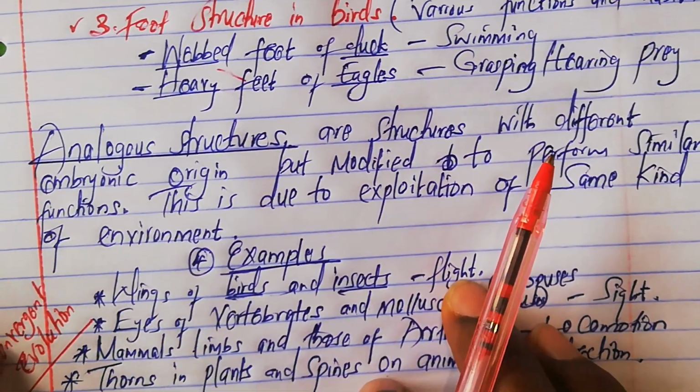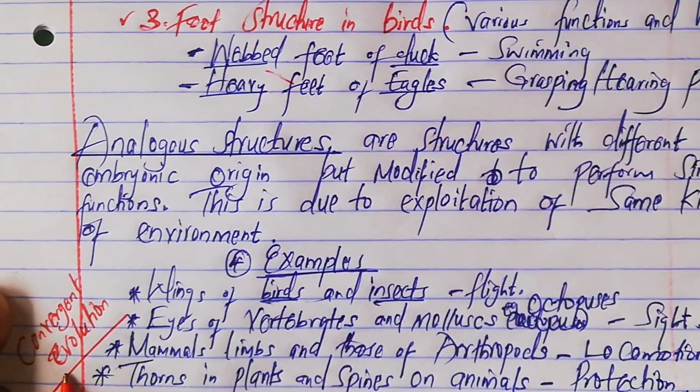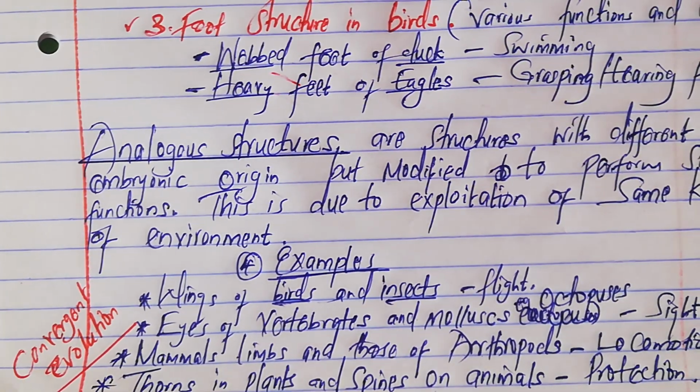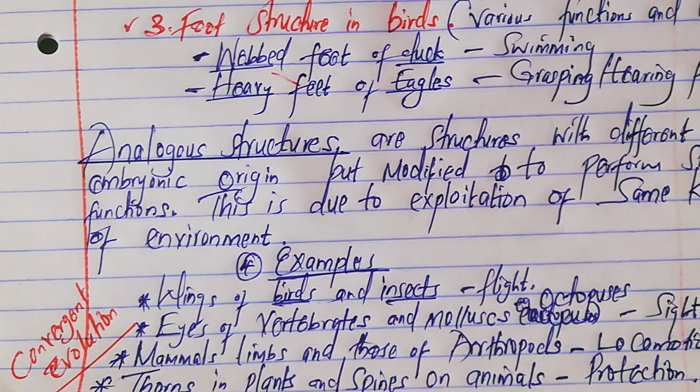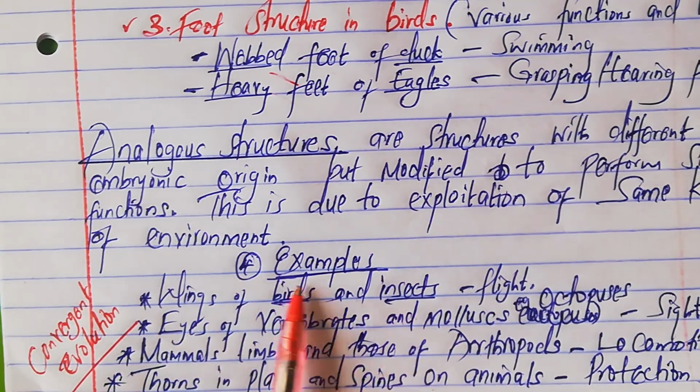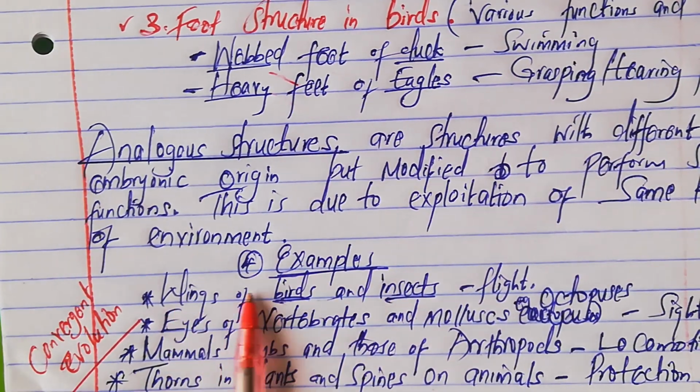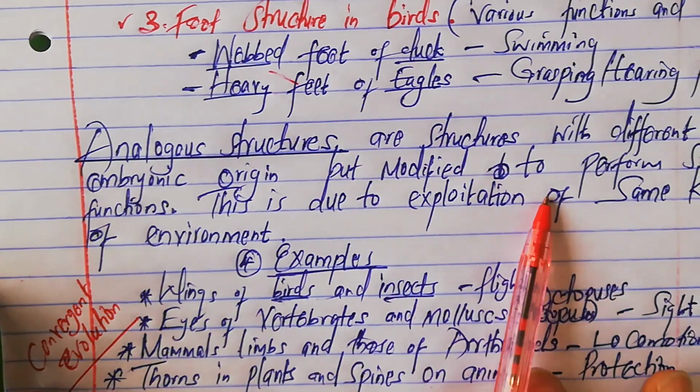When we go to analogous structures, we have said correctly that this one is convergent evolution. These structures are going to come from different embryonic origin, but they will perform the same function. And the examples are not very many. I have like 4 examples here. We have the wings of birds and those of insects.